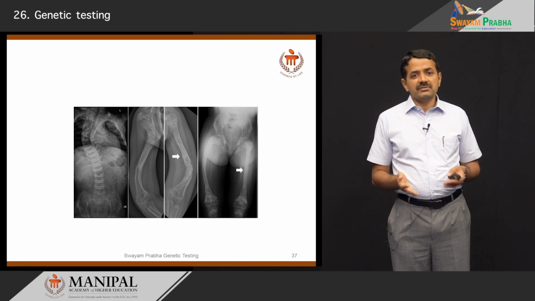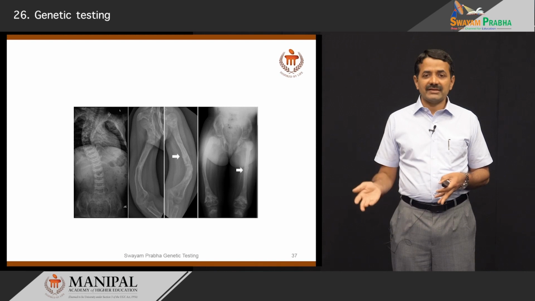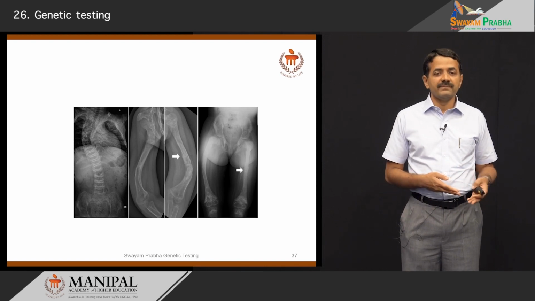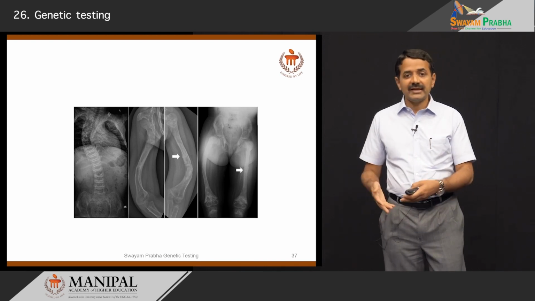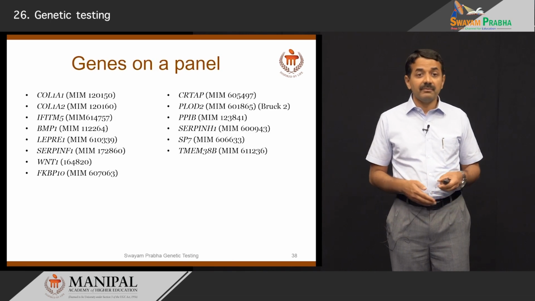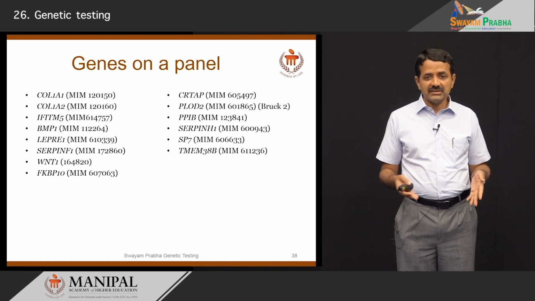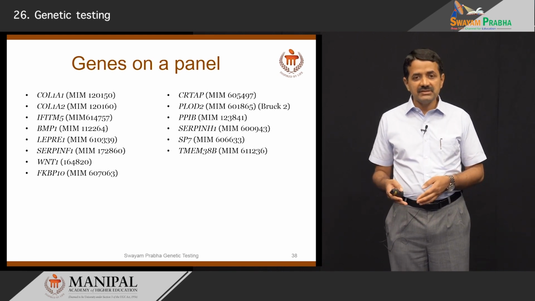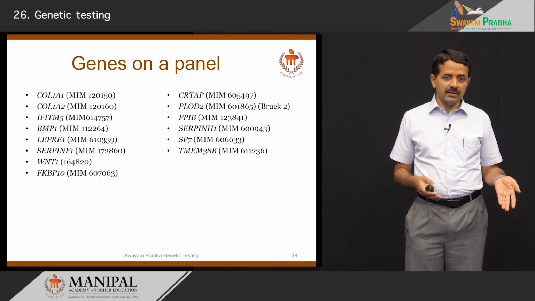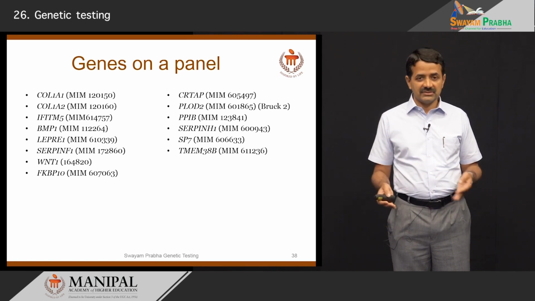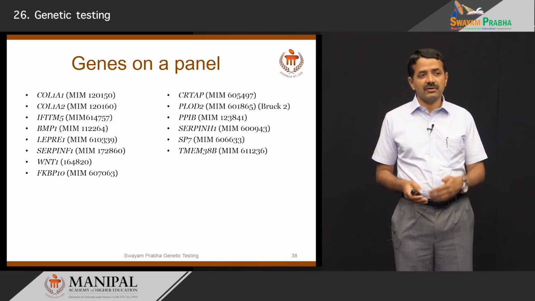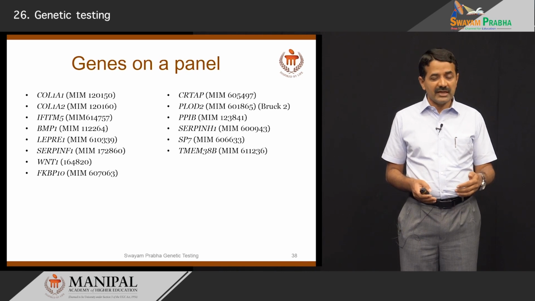We might have situations like here, several fractures of bone, weak bones, where the clinical diagnosis is osteogenesis imperfecta, but then we have at least 15 to 20 genes which have to be tested. They are many times large genes, and they cannot be tested one after the other because it is tedious, time consuming, and costly.